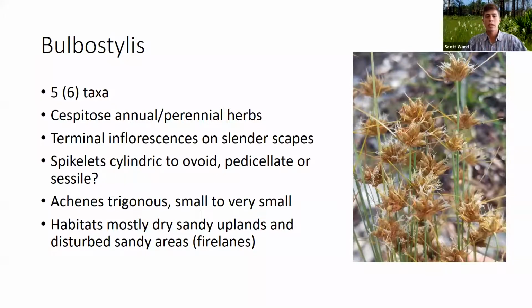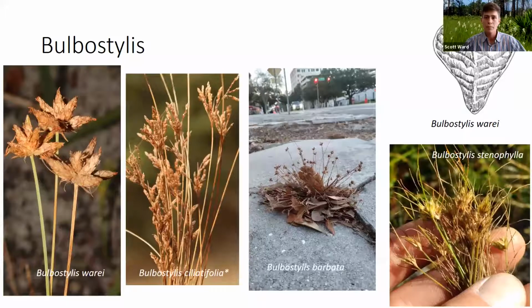The habitats are mostly these dry, sandy upland areas and similar disturbed sandy areas like fire lanes. There's just a few pictures. Here's a common one, Bulbostylis warei, especially in scrubby habitats in central Florida, has these really cylindric spikelets here that are really distinct. And then not necessarily all species are this ovoid like this.